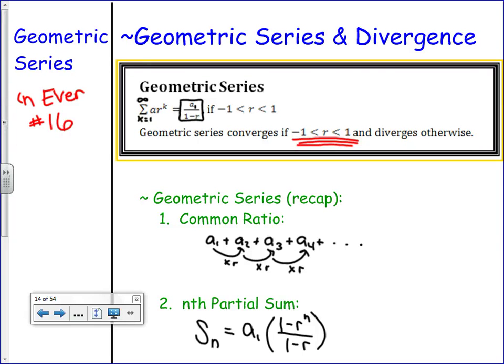In Chapter 9, half the time, we won't know what it converges to. We won't be able to find it. We just know that it will. So we not only know when r is in between 1 and -1, but also what it converges to. And if r is outside or equal to 1, or outside or equal to -1, it diverges.